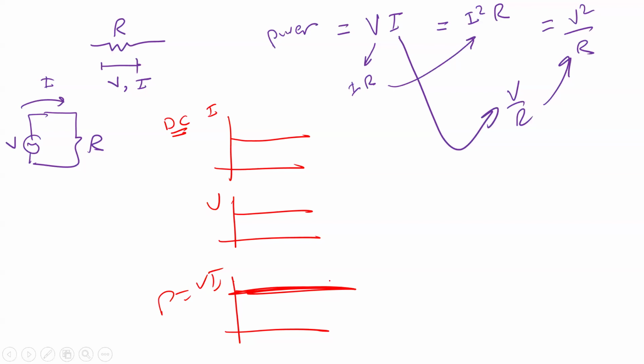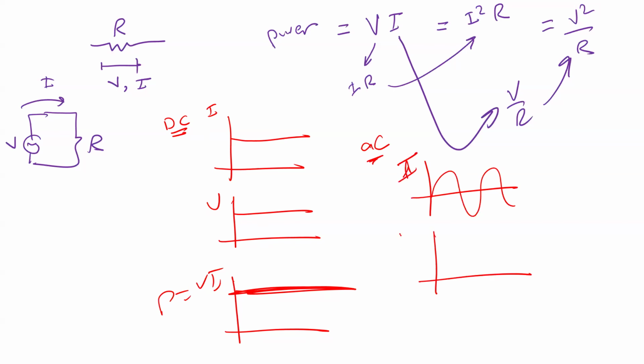This is in the case of DC. But in an AC circuit, the current is going to be sinusoidal, and the voltage will be sinusoidal as well. So we need more investigation now.